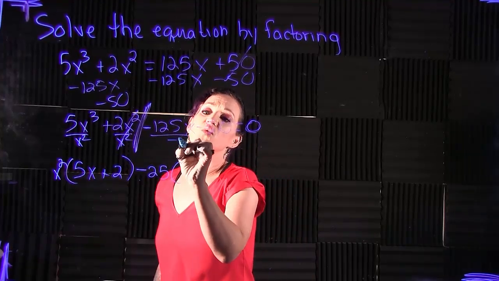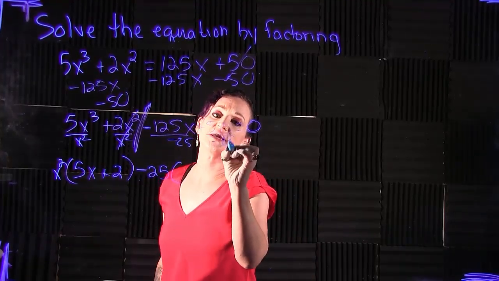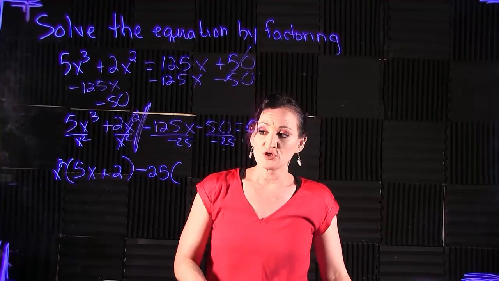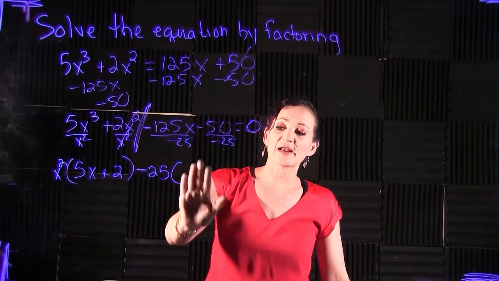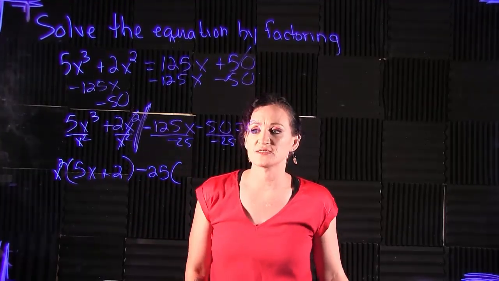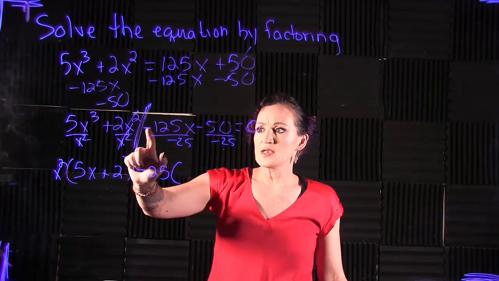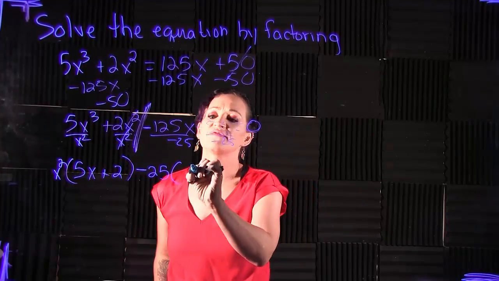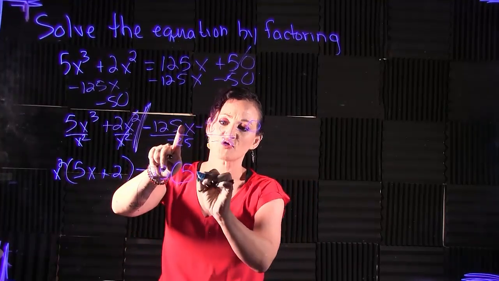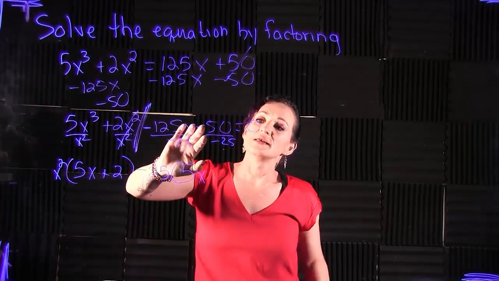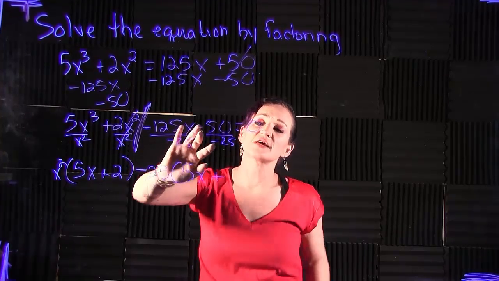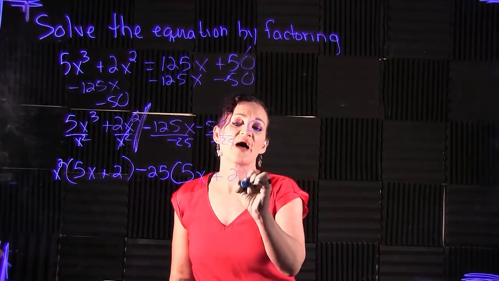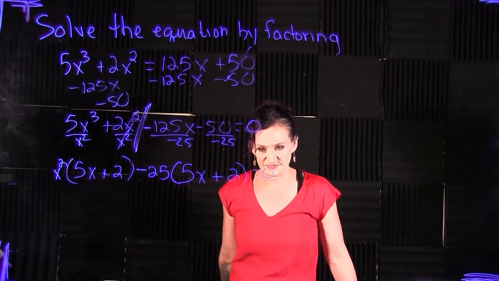So negative 25 is my GCF for this back grouping. So I'm going to factor that out, divide it out to see what goes in the parentheses. So let's divide. Negative over negative is positive. 125 over 25 is a 5. Drop down the x here. Negative over negative is positive, and 50 over 25 is a 2.